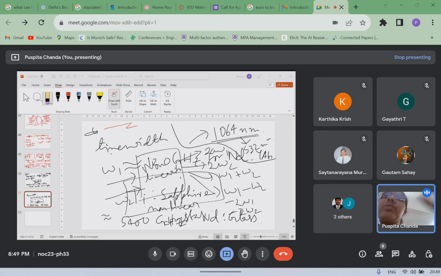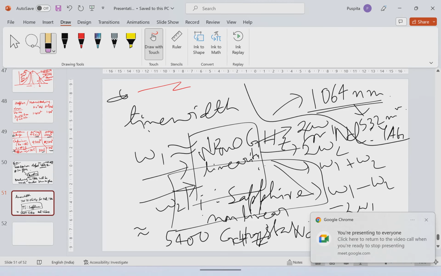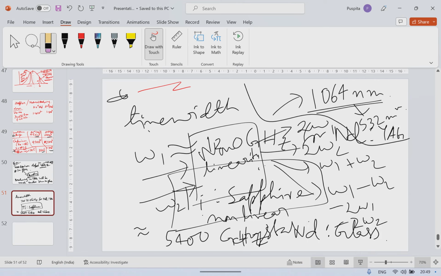Okay, this looks messy. Oh, my PowerPoint is slow to respond, because quickly I want to mention another kind of broadening.